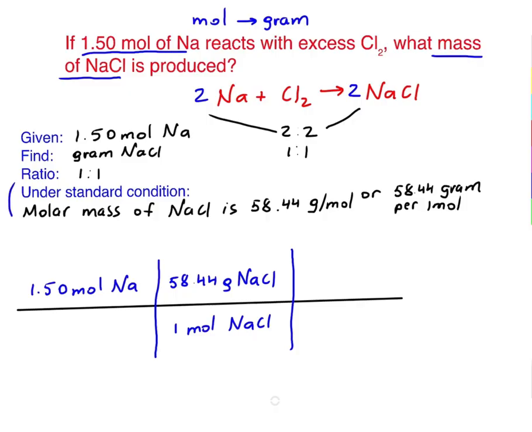And then the next one is, of course, you write the ratio. It's 1 to 1, 1 mole of sodium chloride to 1 mole of sodium. And even though it's written 2 to 2, you can simplify it by dividing both sides, but even if you put 2 there, you should still get the same answer.